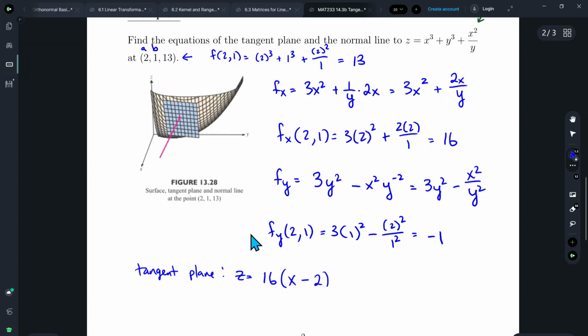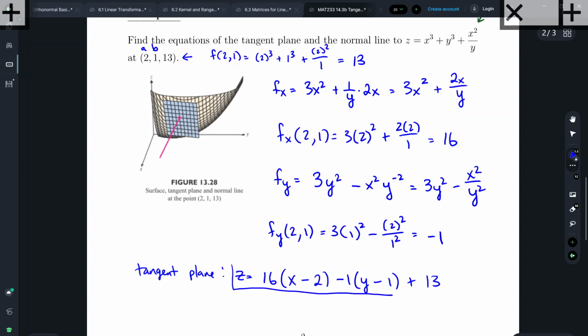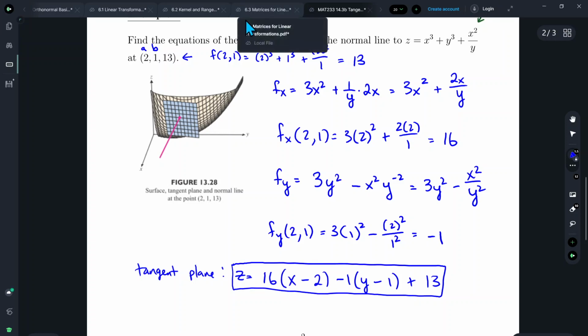And then the partial with respect to y is minus 1. And then y minus the y coordinate, which was 1. And then plus the z coordinate, which is 13. Okay, so that's what we get as the tangent plane.